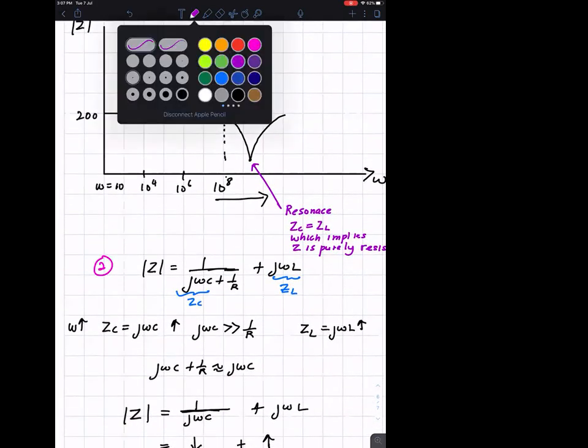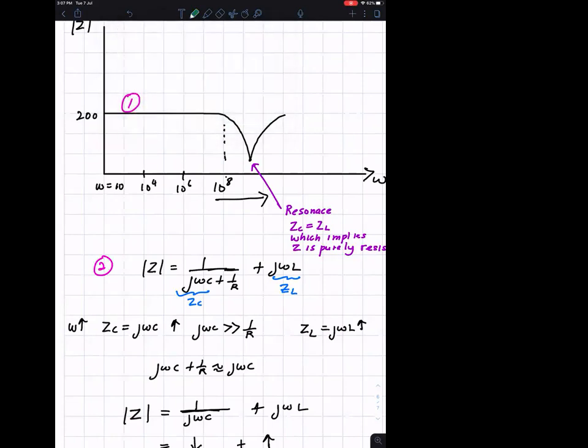Okay, let me highlight it again. At this point, it was purely resistive. When it was going down, it was capacitive. So now it's going up, and this is going to be inductive.